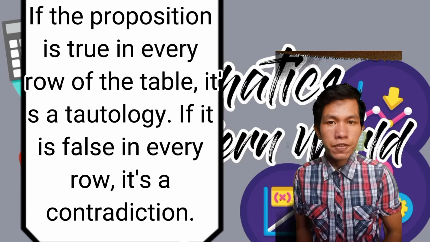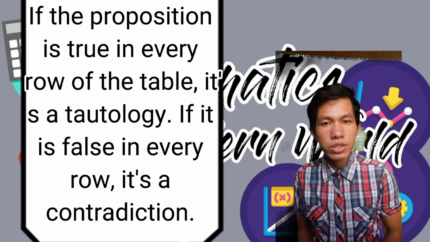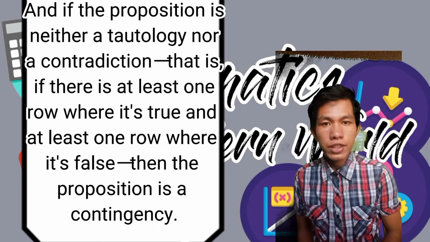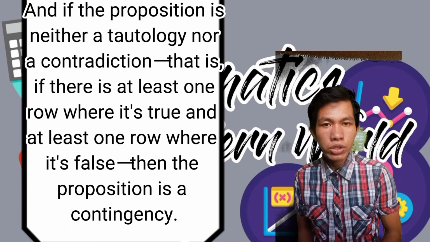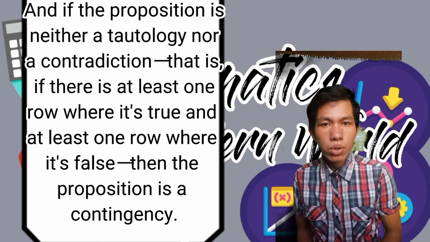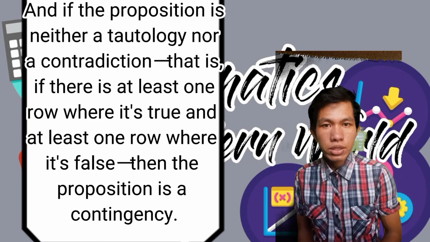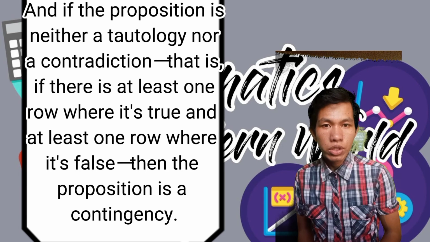And if it is false in every row, it is a contradiction. And if the proposition is neither a tautology nor a contradiction, that is, if there is at least one row where its value is true and at least one row where it's false, then the proposition is a contingency.